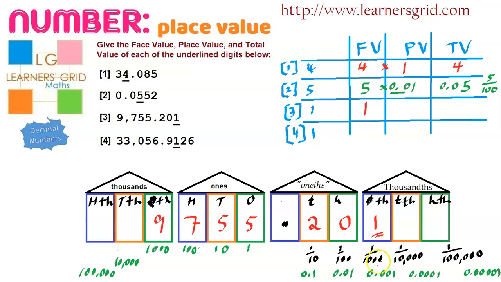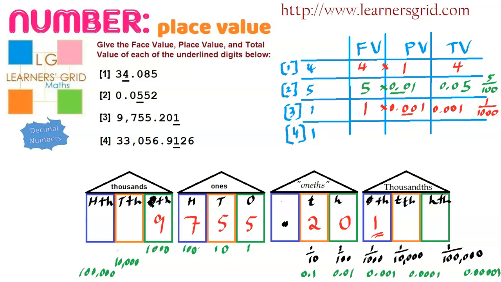Its place value is in the thousandths, so 0.001, and I multiply them. So I can write 0.00, and then 1 times 1 is 1. That is the total value. I can also just say 1 over, and what are we in? The thousandths. I can do this, and that also is correct as the total value.